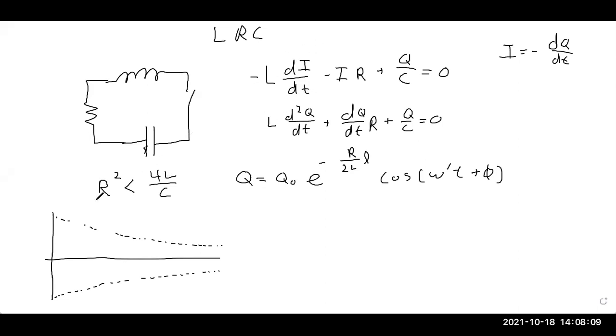And the cosine just oscillates within that envelope. So an oscillation that just gets smaller over time.